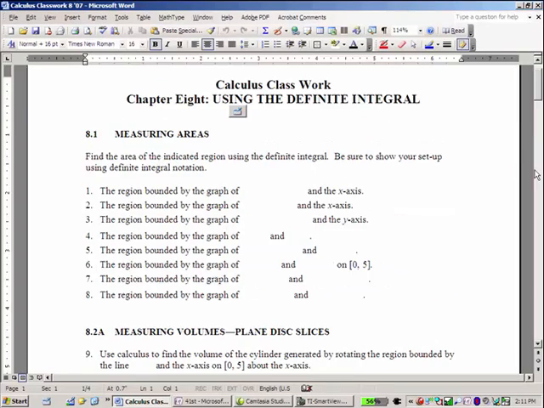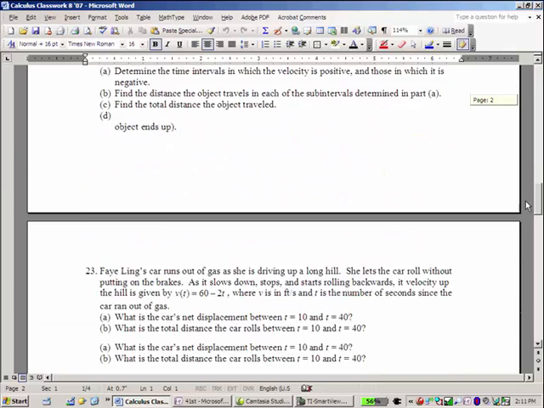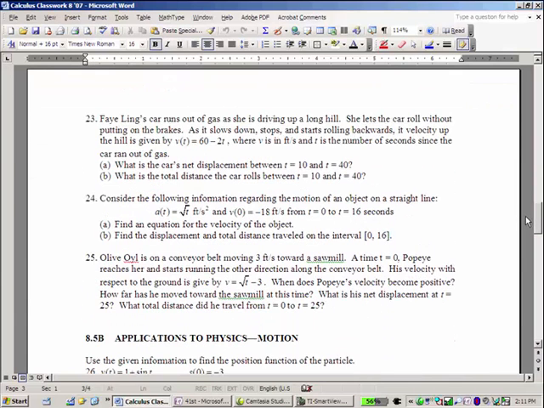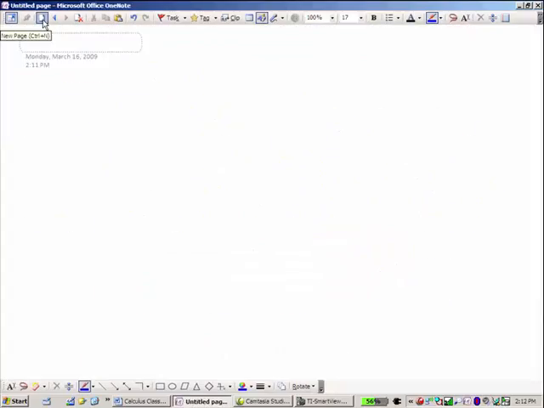Let's see. How about taking a look at 23? All right, Betsy, read for us. Say Ling's car runs out of gas as she's driving up a long hill. She lets the car roll without putting on brakes.